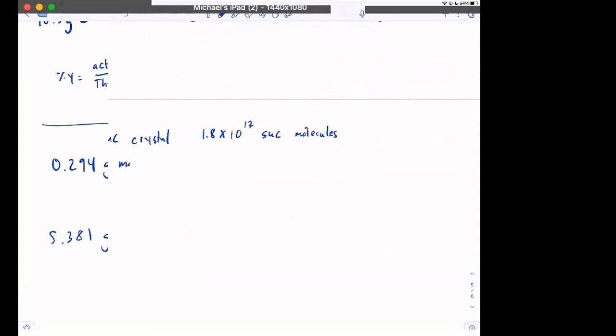What is the mass of sucrose, which is C12H22O11, in milligrams?